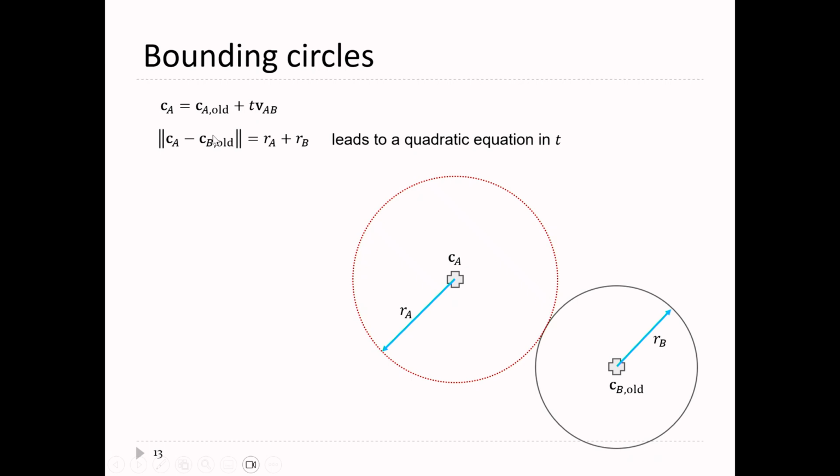I'm going to square this side, and square this side. So I want the magnitude of CA minus CB old. These are vectors, so I'm going to put the vector notation on it to be clear. That's its squared magnitude.